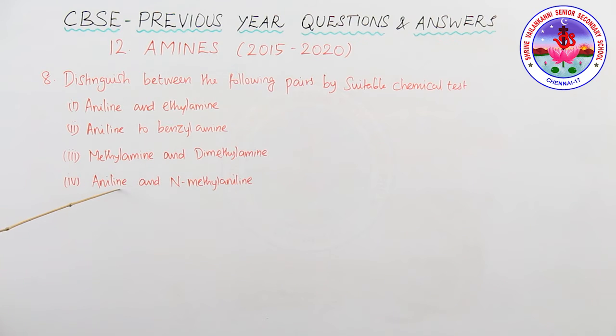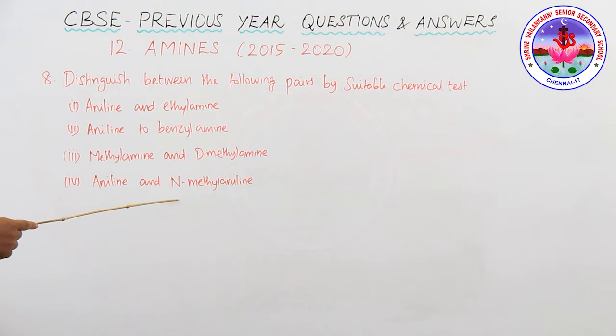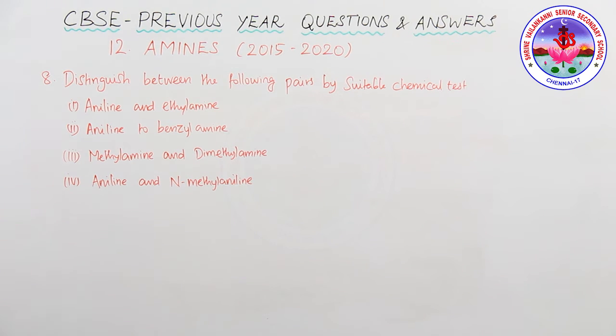Here the answer is the same. Chloroform reacts with potassium hydroxide and aniline to form that foul smelling compound, but N-methyl aniline does not give the characteristic smell. Okay, this is the answer for the chemical tests.